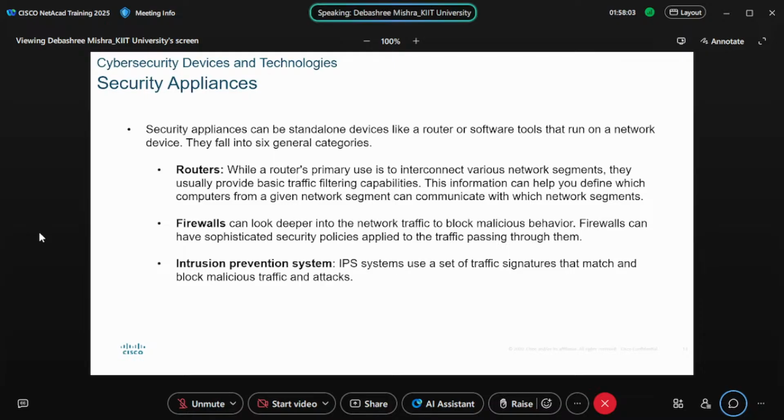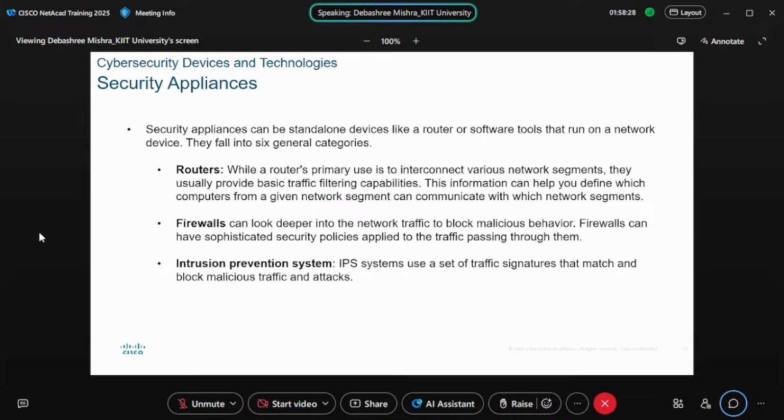For example, is a network number 1 device connecting with outside network devices, or only inside its own network? The second thing is your firewall. We have already talked about it, so what does a firewall do?